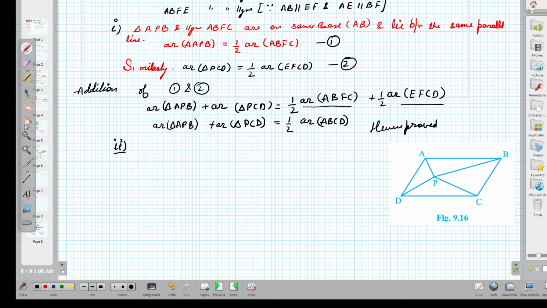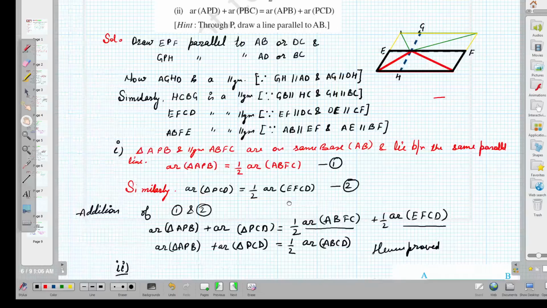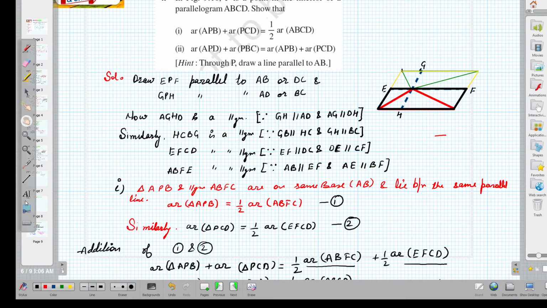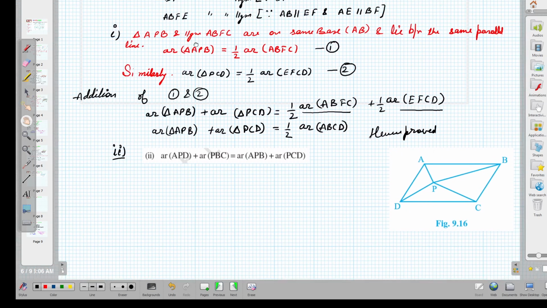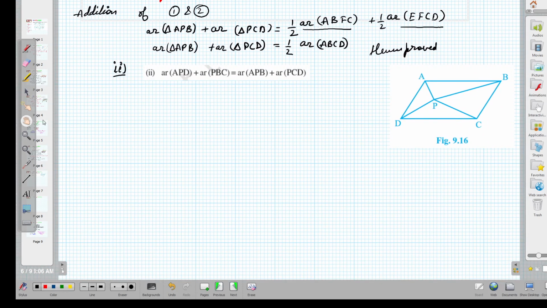And another question lies here, what we want to prove. So we can take this section also, right? So that we want to, right? So we can start from here.